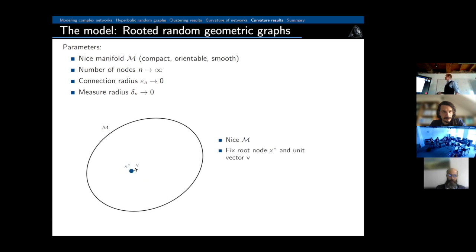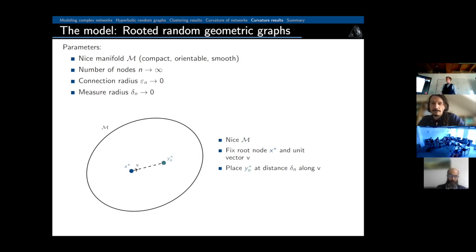We first pick a root in our manifold, a point x, together with a unit vector. Then we place another point y_n at distance delta_n in the direction of this unit vector. These are the two points for which we're going to compute the curvature.